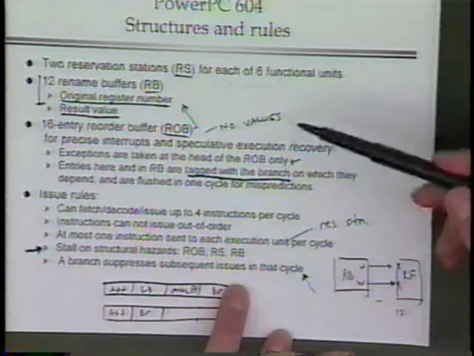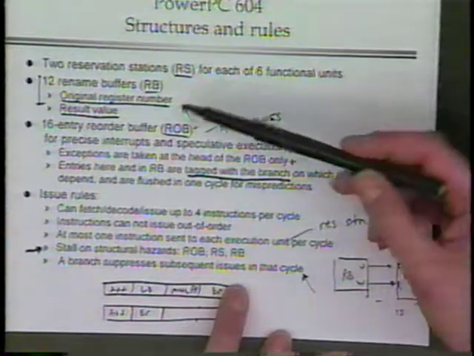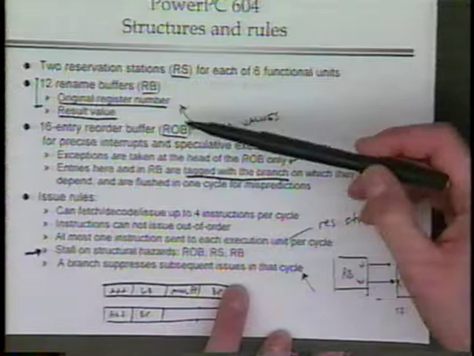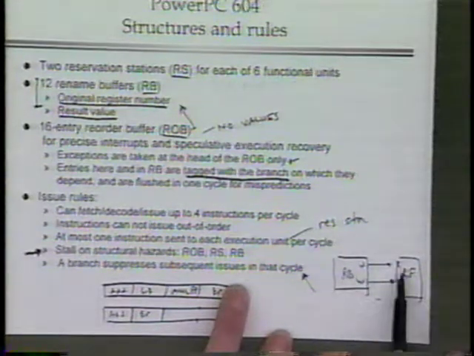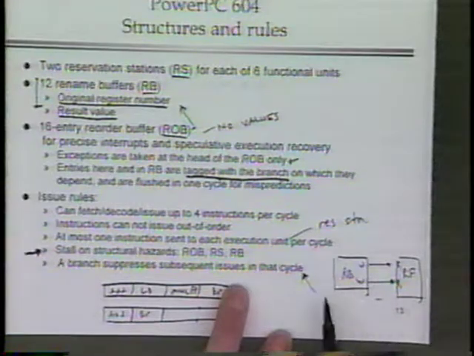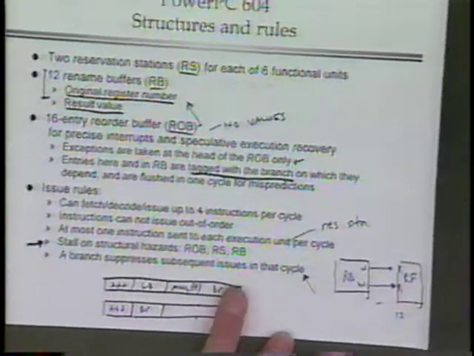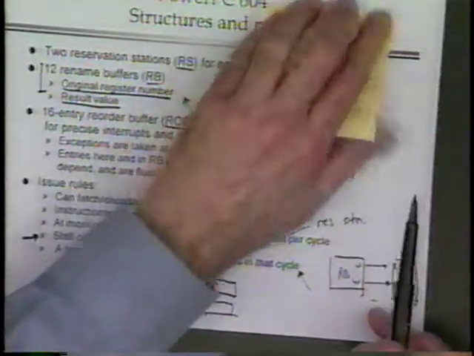Remember that we're issuing, at best case, four instructions per cycle. We want to be able to retire, at best case, four instructions per cycle as well. So we can retire two instructions from the rename buffer and reorder buffer into the register file on the integer side, and two more on the floating point side. If everything is working exactly right, then we can retire four instructions and issue four instructions in every cycle. Now obviously everything doesn't work entirely right most of the time.